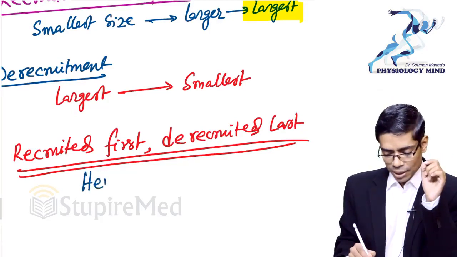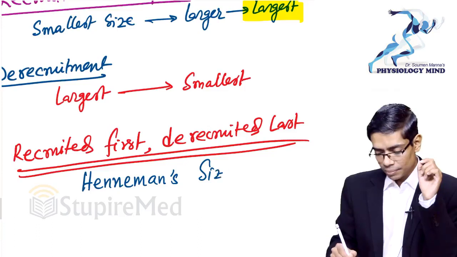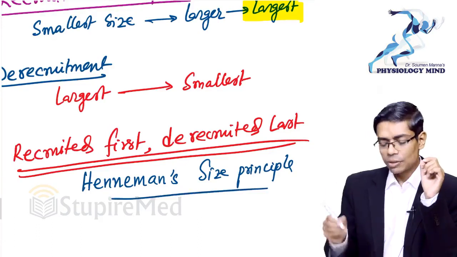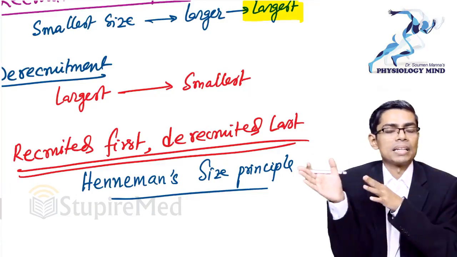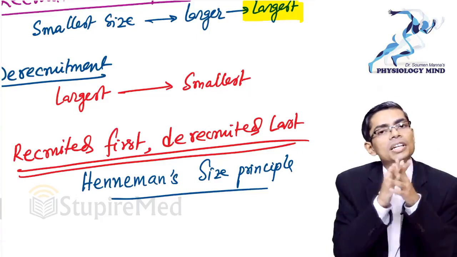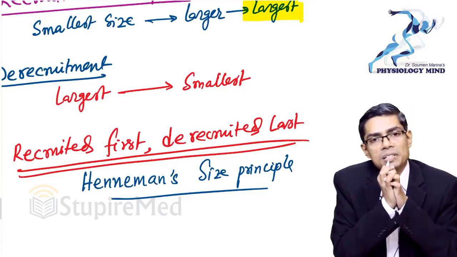So that's why this is known as Henneman's size principle. Smallest size followed by larger, and during de-recruitment the opposite direction. This was already an MCQ. Okay, right. So this is the motor unit recruitment principle.